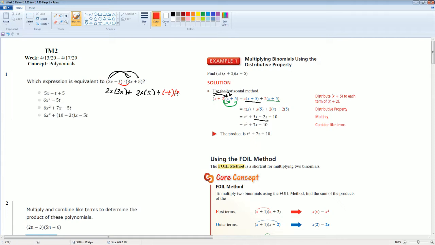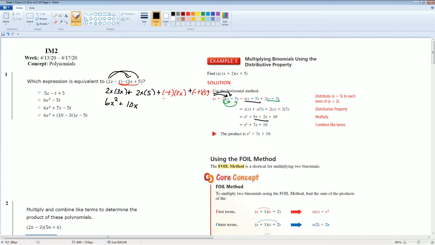Times 3x plus negative t times 5. All right? So what do you have? 2x times 3x becomes 6x squared because you're multiplying these, so the exponent becomes x squared, plus 2 times 5 is 10. X is just there.